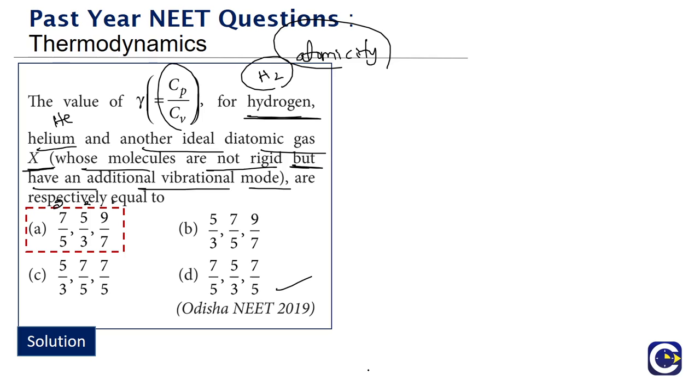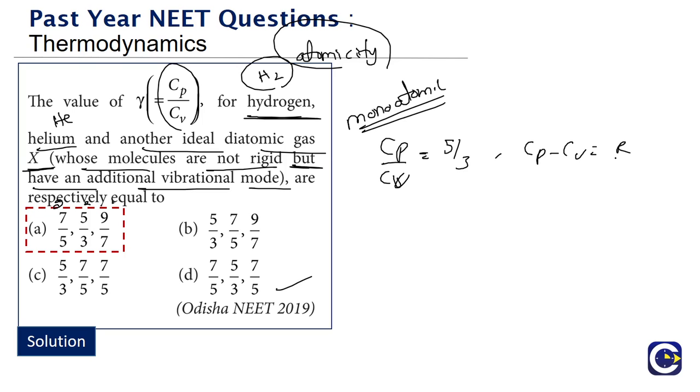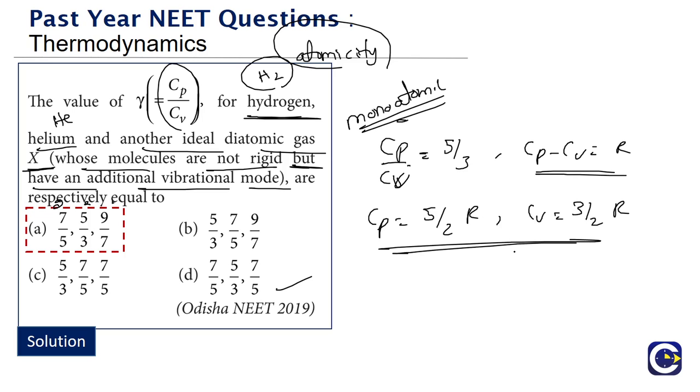For example, for the monoatomic, Cp by Cv is 5 by 3, and Cp minus Cv for any gas will be R. By using these two relations, because Cp and Cv are the unknowns here, we can calculate Cp and Cv. Cp will come as 5 by 2 R, and Cv will come as 3 by 2 R. This is for the monoatomic.